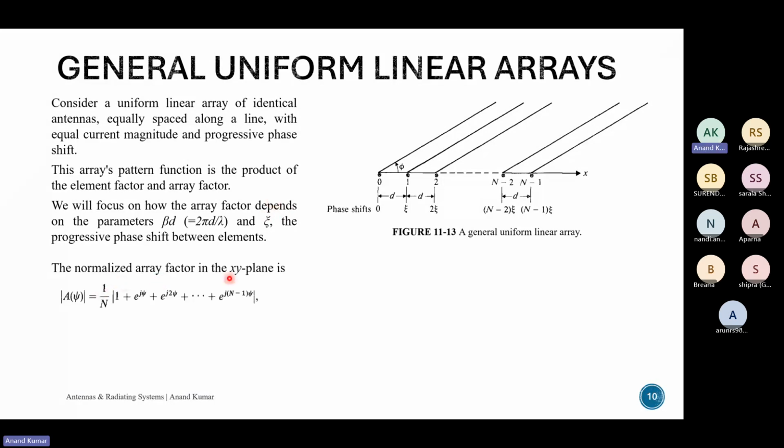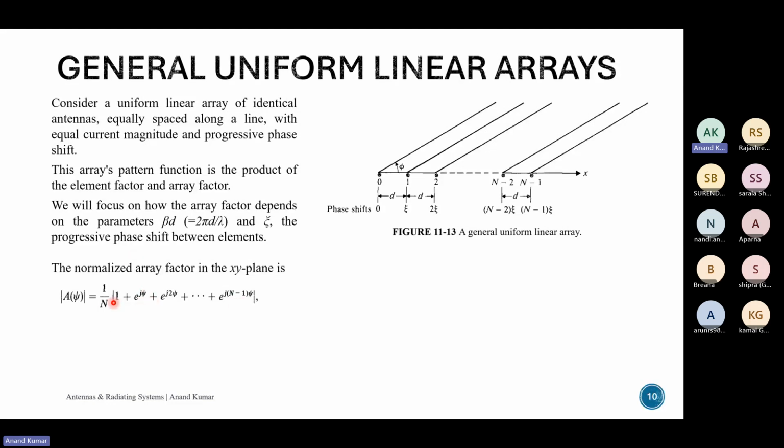So the normalized array factor in the xy plane would be written like this. In the previous maths, if you remember, when we took the superposition of the electric fields, all the things were taken common except the exponential terms. And they did have a term in the denominator by r. Assuming it to be the same for all the elements, the normalized array factor would look something like this.